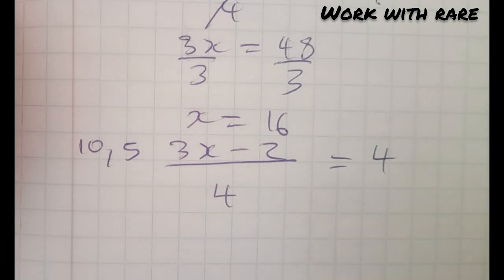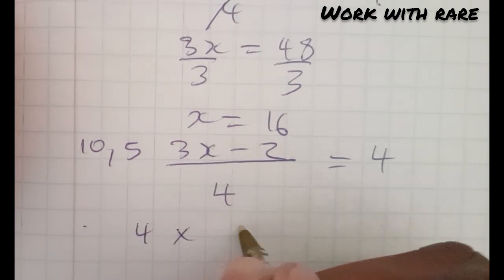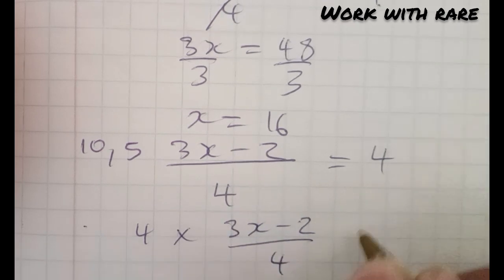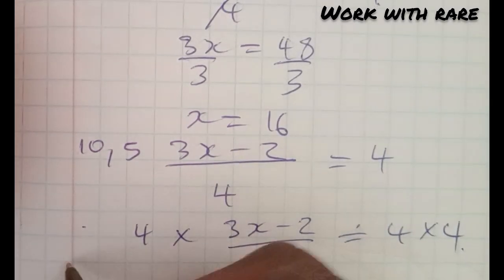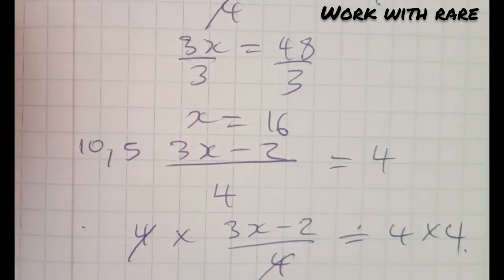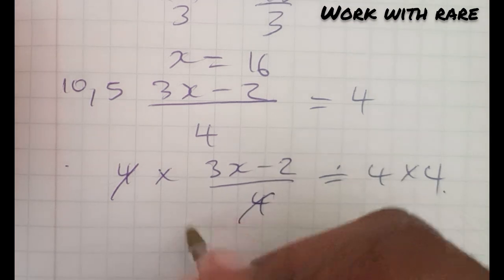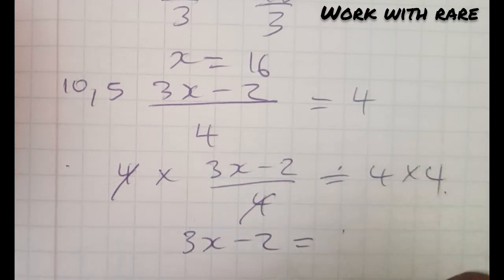So first step, let's multiply this by 4, and here we'll have 4 multiplied by 4. Okay, so they will cancel each other.